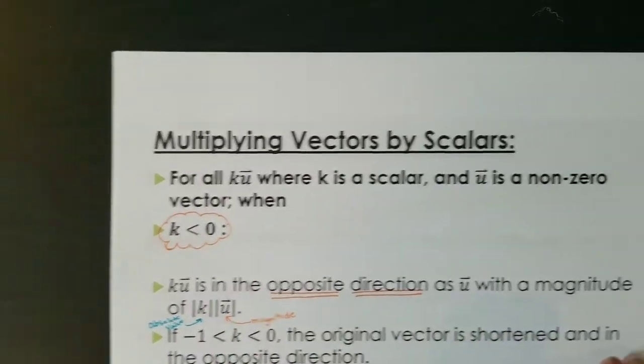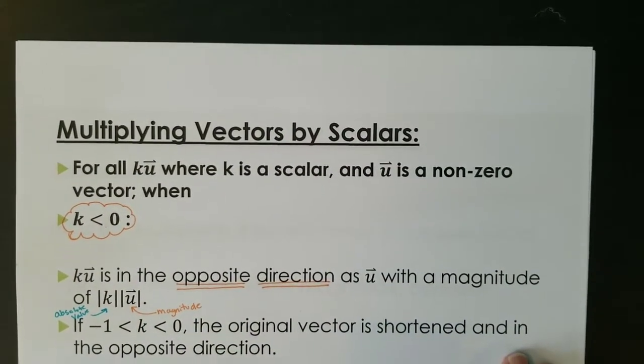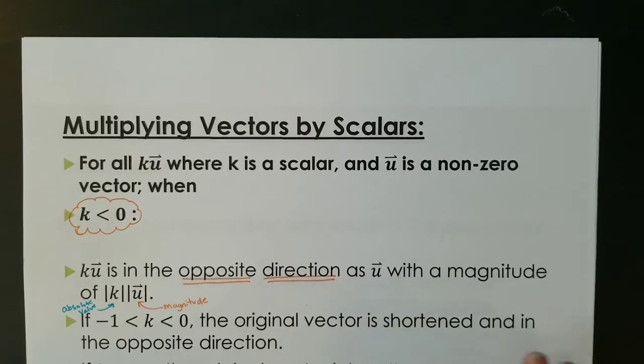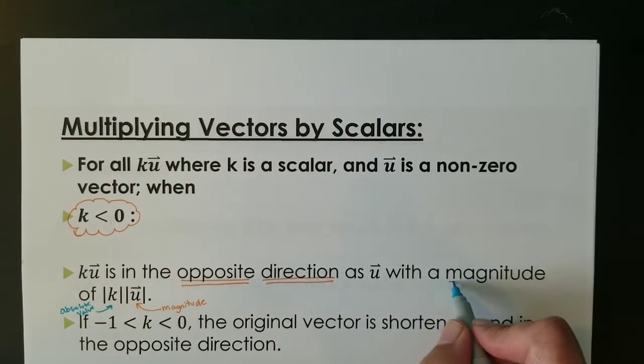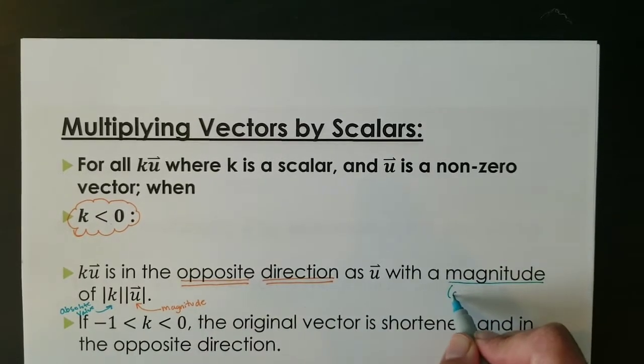So magnitude is always positive. There's no such thing as a negative magnitude. It would just change the direction.